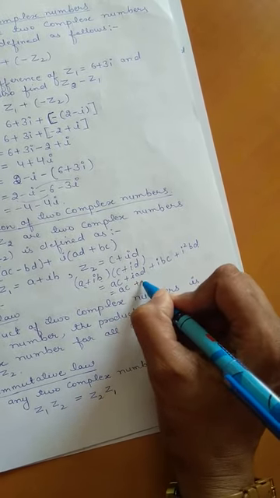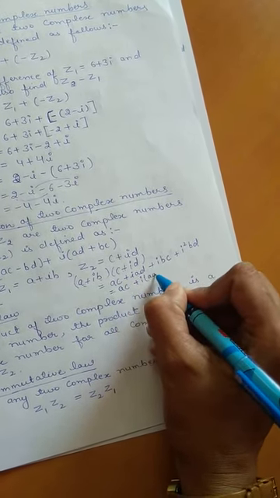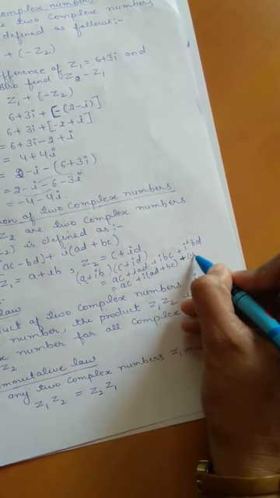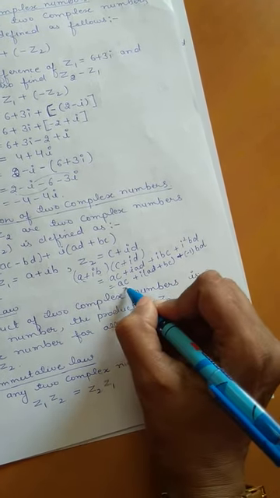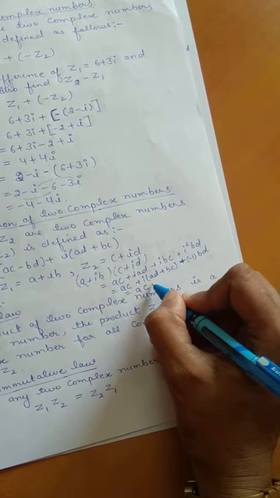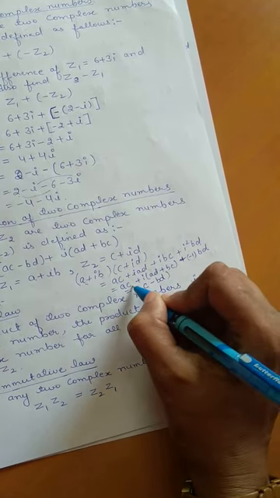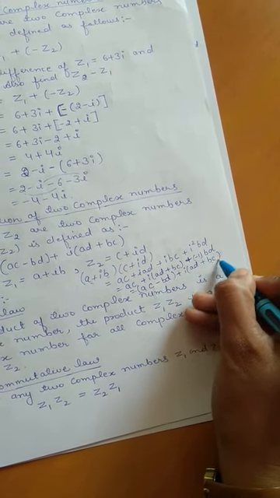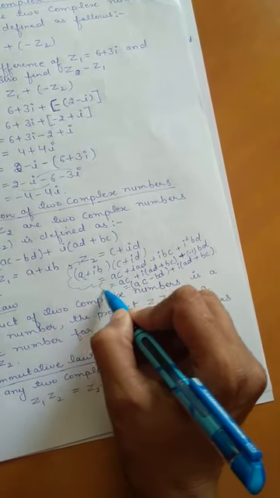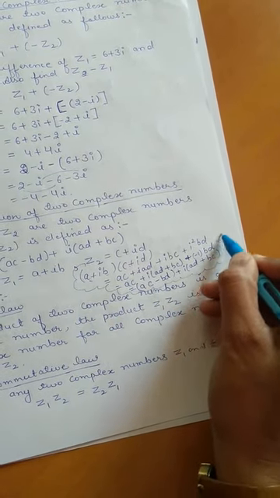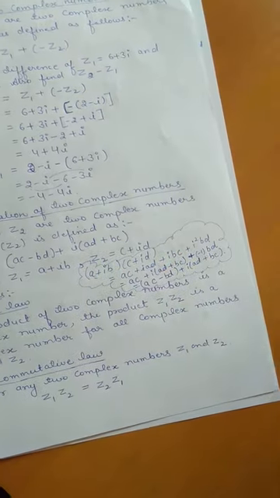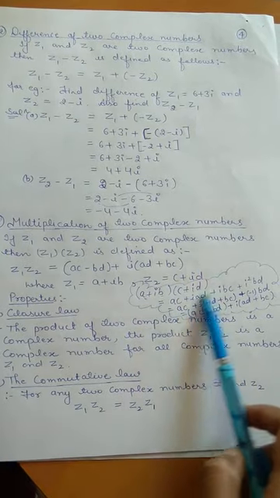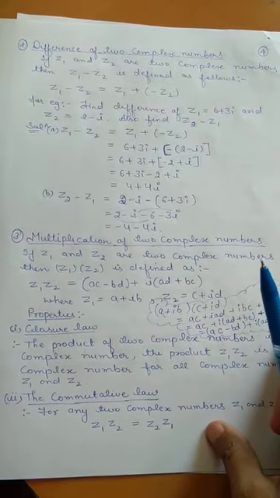From here I am taking iota common, and I will get ad plus bc, and iota square value is minus 1, so it will give minus bd, and finally ac minus bd plus iota into ad plus bc. So बच्चे, this is how this product result has come. If you do not remember the answer, you can calculate and find it out. Getting my point?